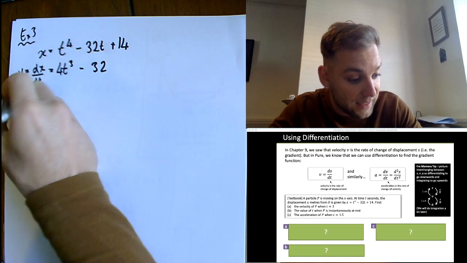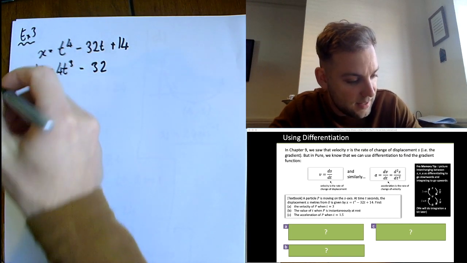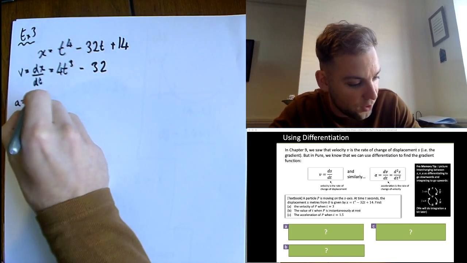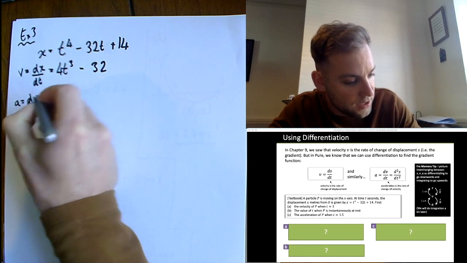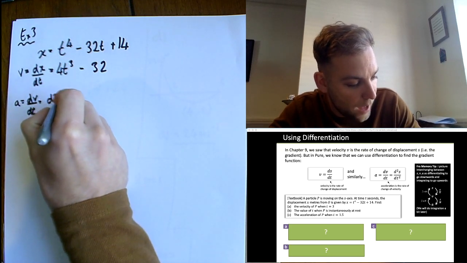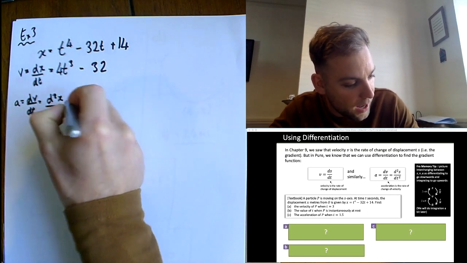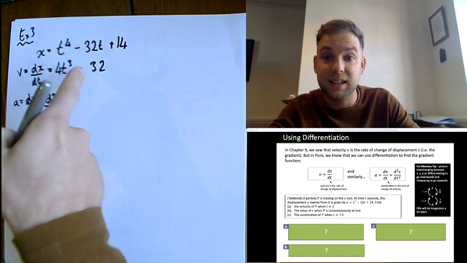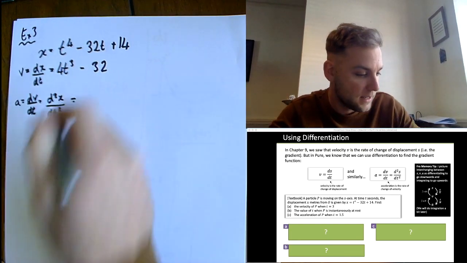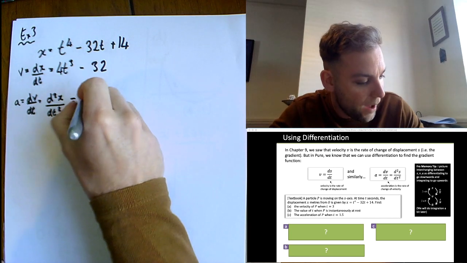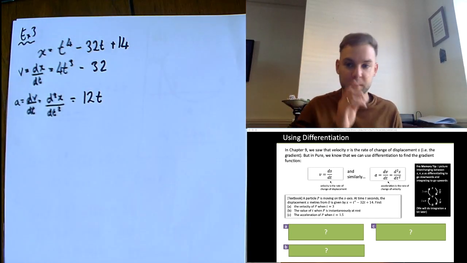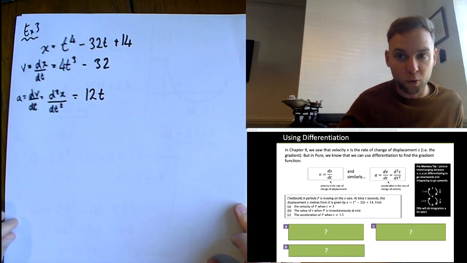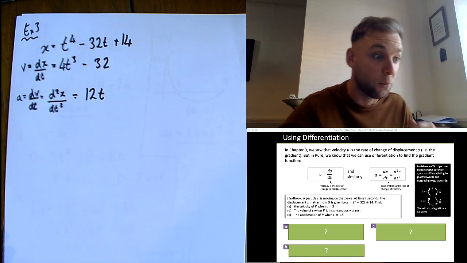So if I then want the acceleration, this is going to be equal to the change in velocity over time, which is equal to d2x by dt squared, which is equal to, I'm going to differentiate this one which is above it. So this is going to be equal to 12t, like so. And then I can use these formulas to work out the things that I want to find.